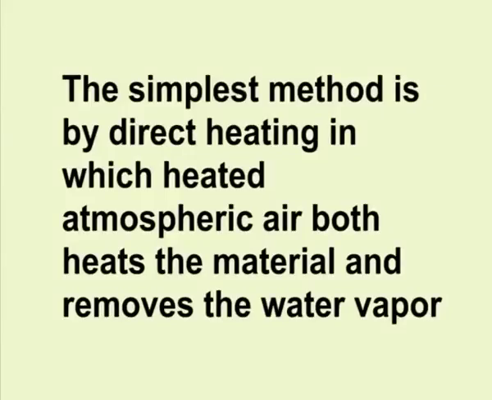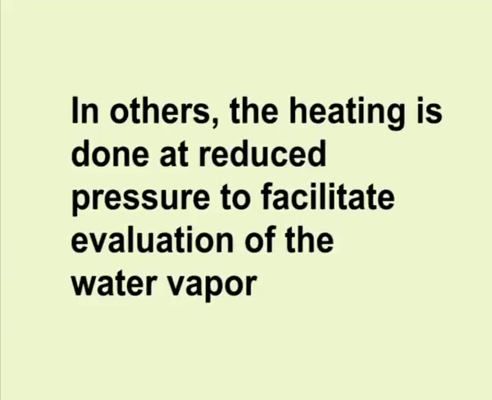The simplest method is by direct heating, in which heated atmospheric air heats the material and removes the water vapor. In others, the heating is done at reduced pressure to facilitate evaporation of the water vapor.